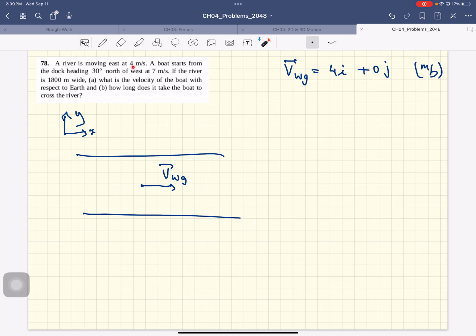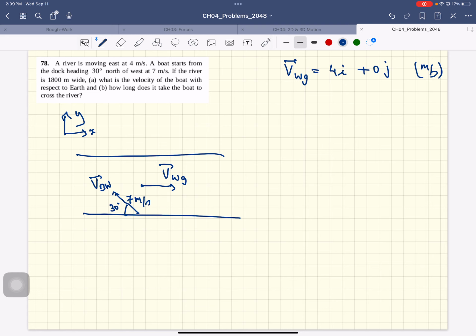A river is moving east. A boat starts from the dock heading 30 degrees north of west at 7 meters per second. So 30 degrees north of west, 7 meters per second, and that's the velocity of the boat with respect to the water.